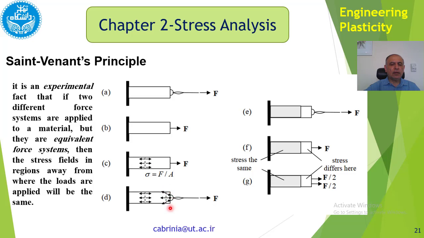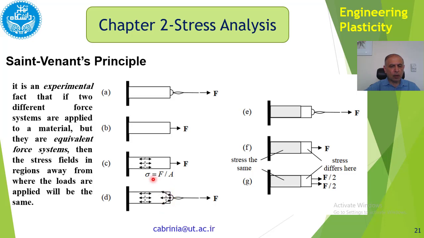Therefore we cannot assume here sigma is equal to F over A, because this is for uniform distribution of force. Otherwise, we should integrate along the area. That is a bit difficult, and for every application you have to do an integration and find out how it is distributed, so it becomes complicated.